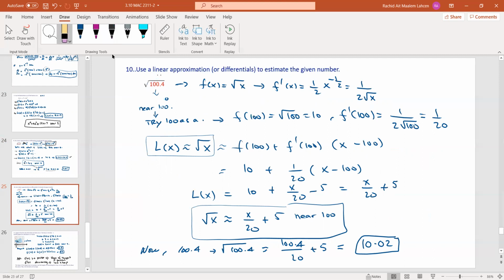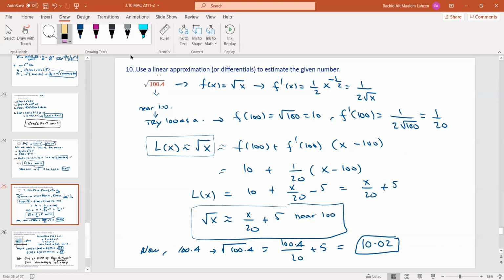Similarly, for the square root of 104, it is near 100. We know the square root of 100 is 10, so we're going to go ahead and just use 100 instead. The f of x is equal to the square root of x, f prime by the power rule, we get this. So now we need the two values.